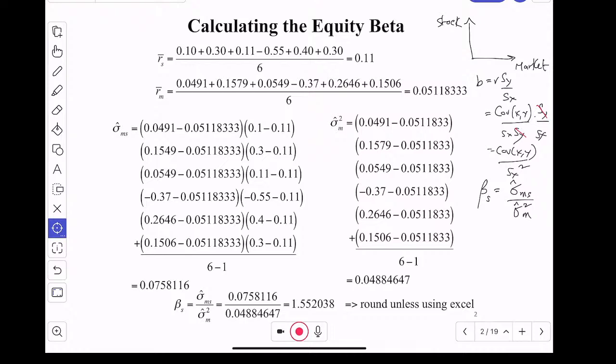You should be able to read this. So we're using S instead of I for stock, and we're using M for market. So this is the formula. We need the covariance. Now, doing it this way, covariance and variance of M, is easier only because we have to make 2 calculations as opposed to 3 different calculations.